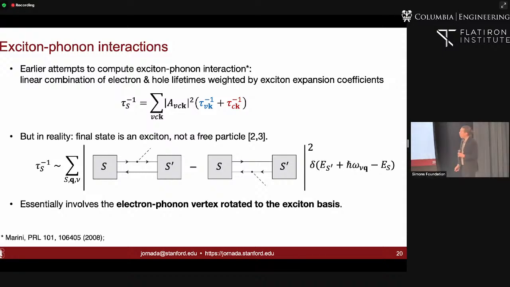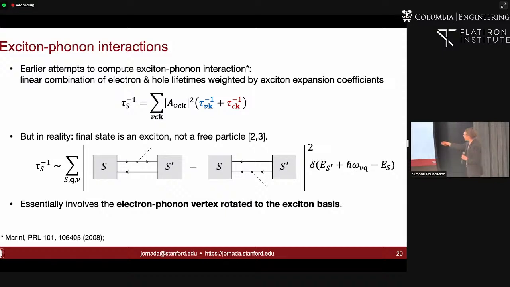So what I want to mention is that perhaps a simple physical picture is this: if you ask yourself what is the lifetime of a neutron? The lifetime of a neutron in vacuum is 15 minutes, but atoms are stable in our body. So it means that really we cannot try to understand the lifetime of one exciton as a linear combination of the lifetimes of the particles that make that exciton. That's particularly important if you're looking at low energy states in your system.